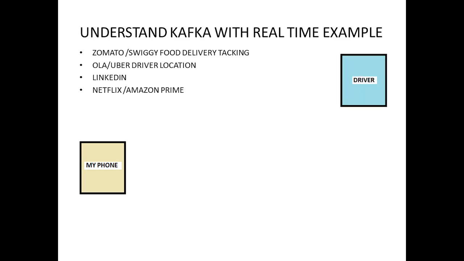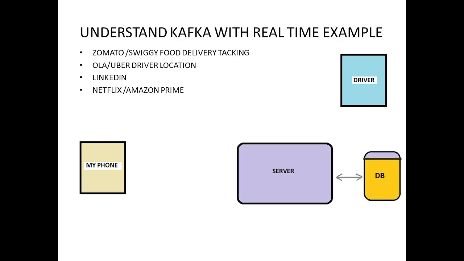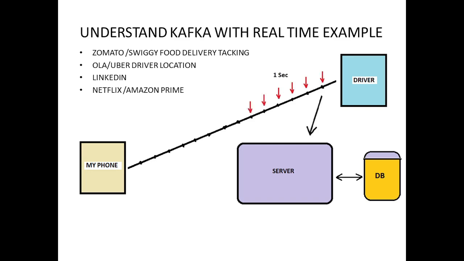So Zomato will have a server which is connected to a database. When the delivery person starts from his location to my location, for each 1 second I am trying to save the data to my server, and from the server I push that data to my database. Now from the database I can send that information to my phone so that I can understand where my food or delivery boy is.